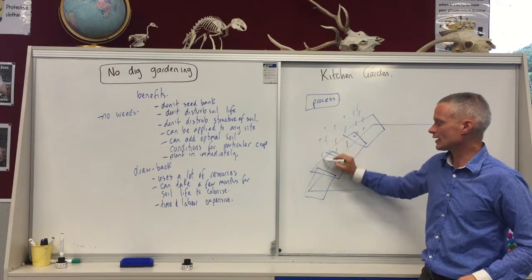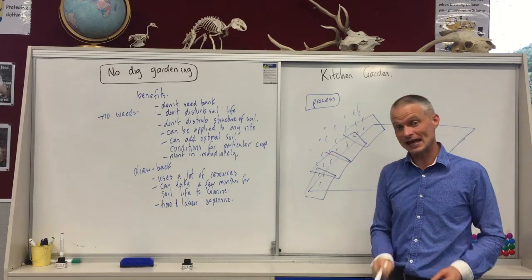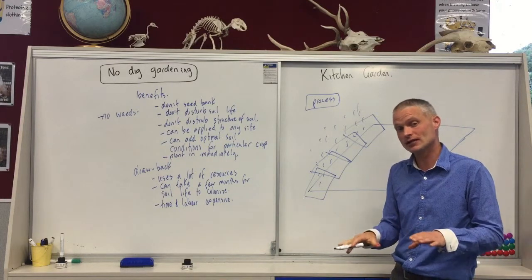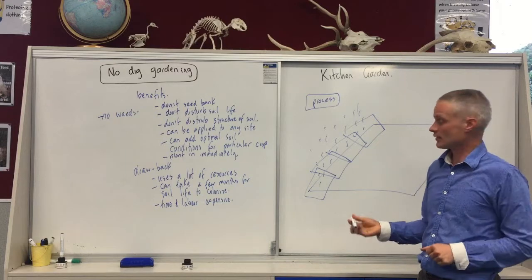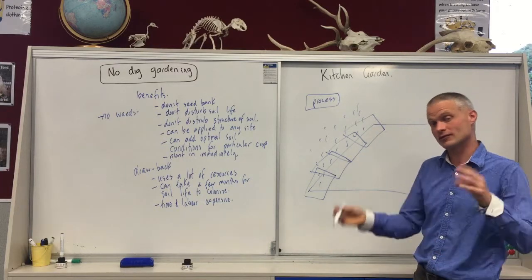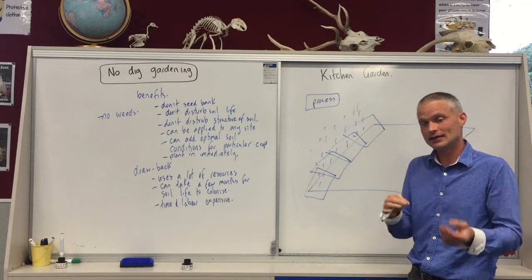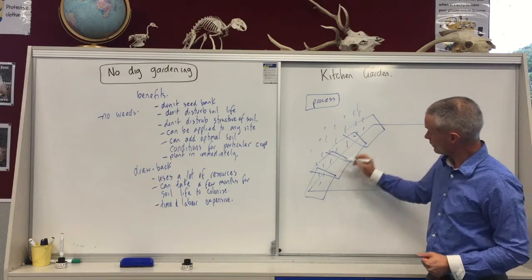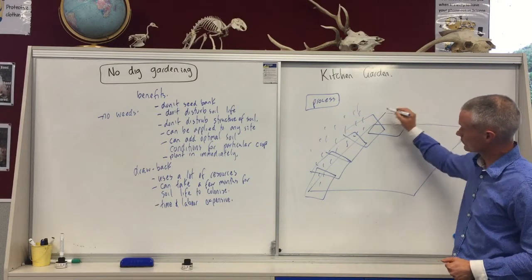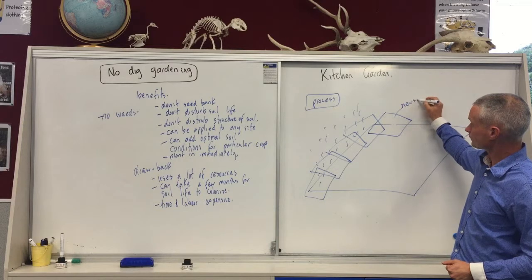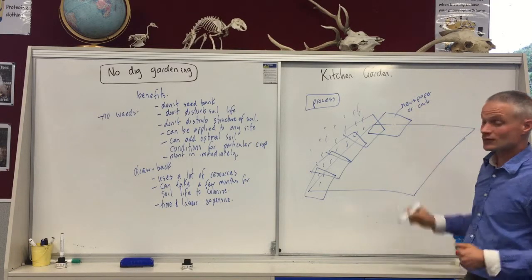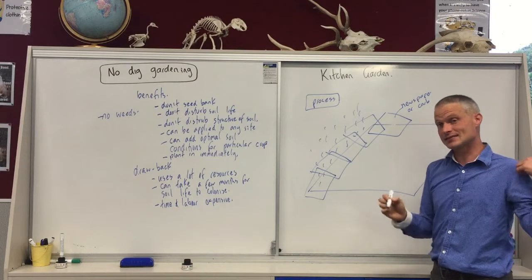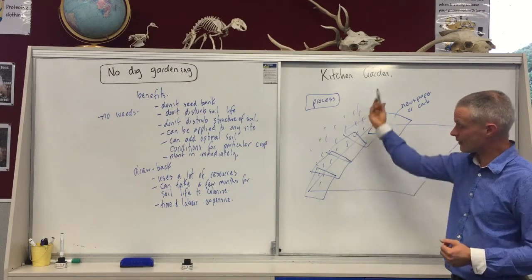So you don't need it soaking wet, but you want it to be nice and damp, and that will help hold down the water and create a nice smooth surface, so that when you add other materials on top, it's not going to be lifting up and creating gaps. So this newspaper or cardboard is creating a physical barrier to stop any seeds that are already in the soil from germinating up through it.